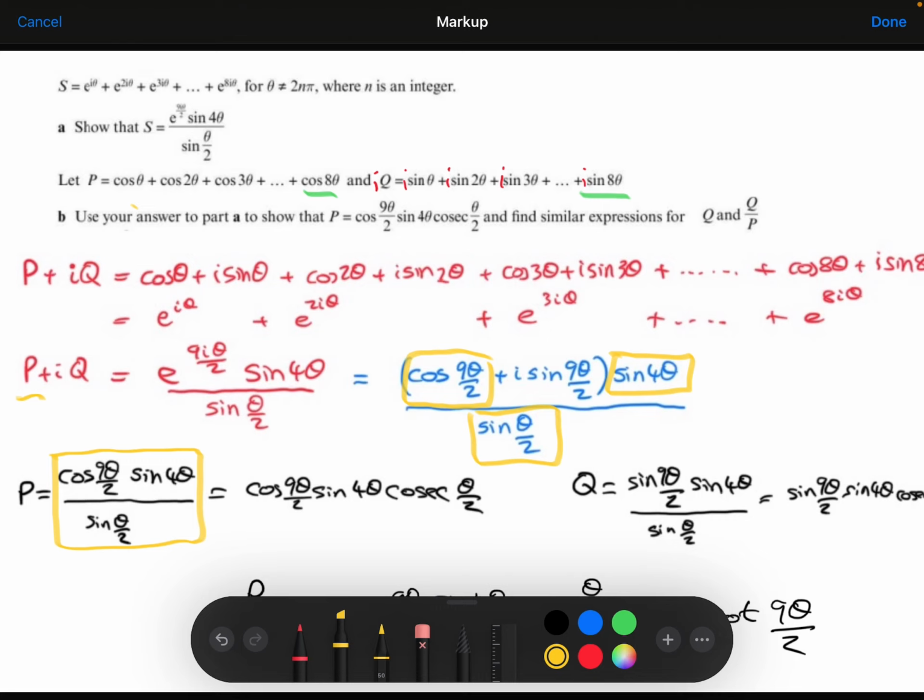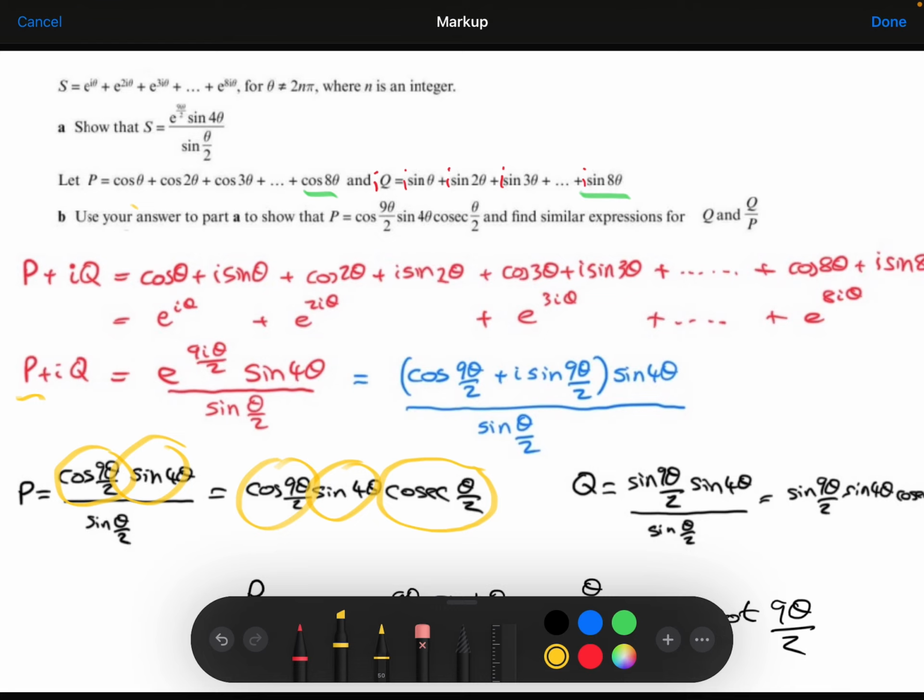Which I could then rewrite as cos 9 theta over 2 times sine 4 theta times cosec theta over 2, because the sine is on the denominator there, and 1 over sine is cosec. And note, this is what we needed to show.